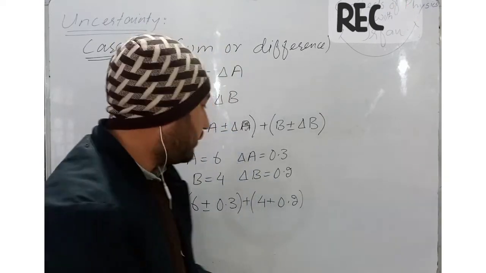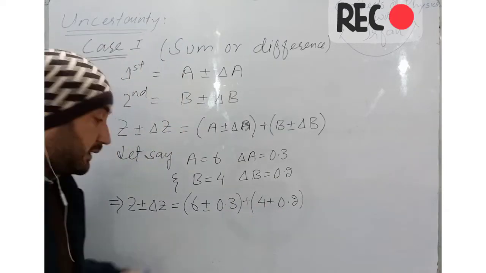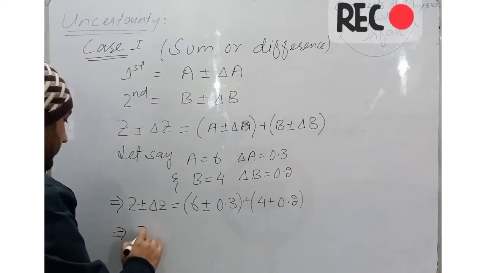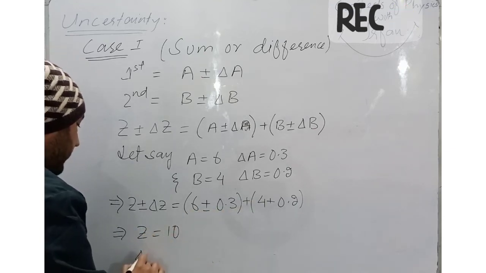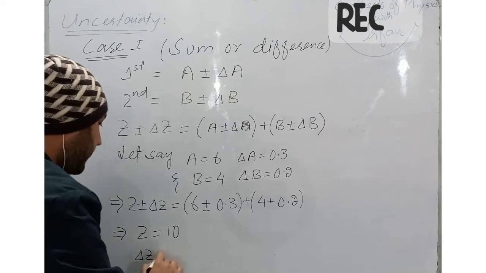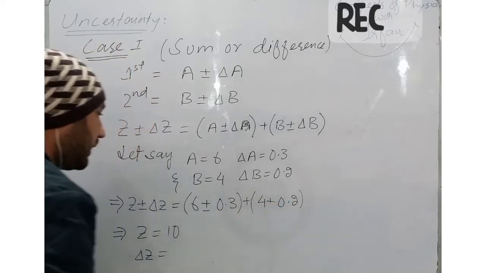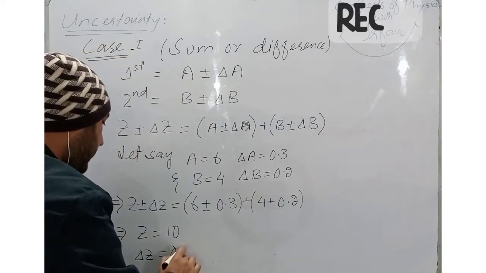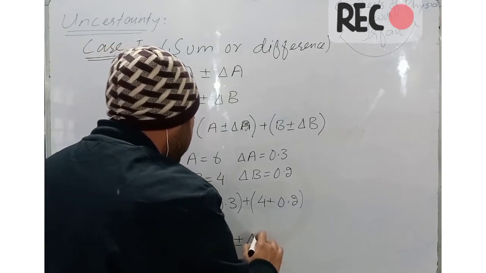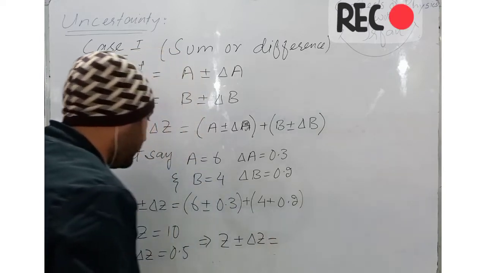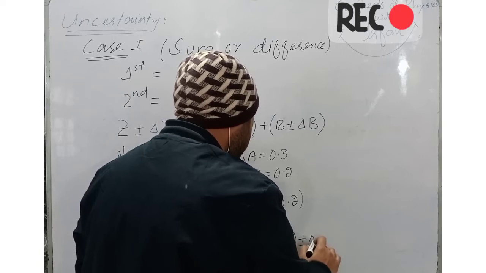So Z will be equal to 6 plus 4, which is 10, and the total uncertainty delta Z will be equal to delta A plus delta B. That gives us 0.3 plus 0.2, which is 0.5. So Z plus or minus delta Z, the possible uncertainty in Z, can be written as 10 plus or minus 0.5.